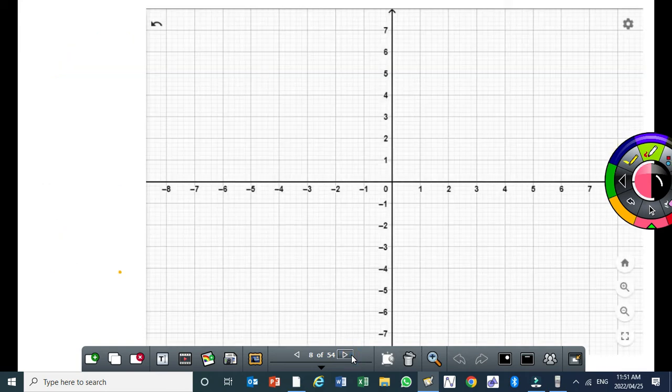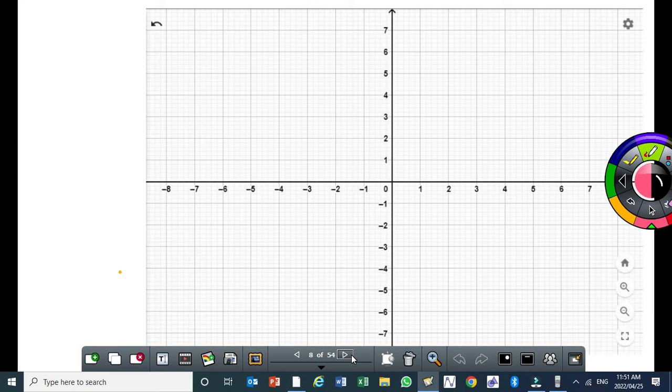Right, let's sketch now the two functions. When you are sketching linear functions, do you remember the method that we were taught in grade 9? What was the method called? Because we're taught two methods for how to sketch a straight line. There's a gradient intercept method and the dual intercept method.